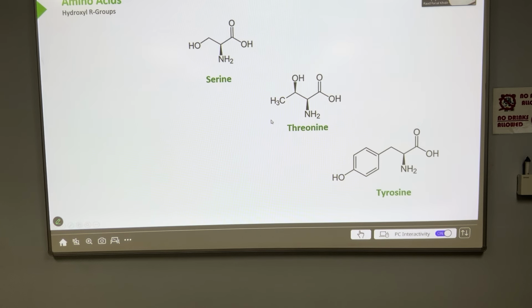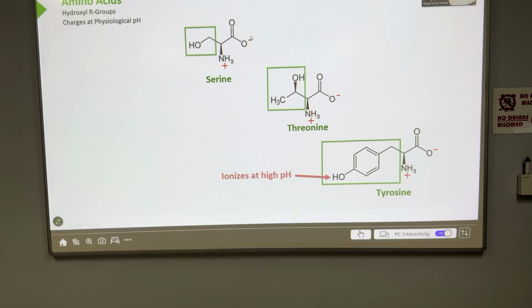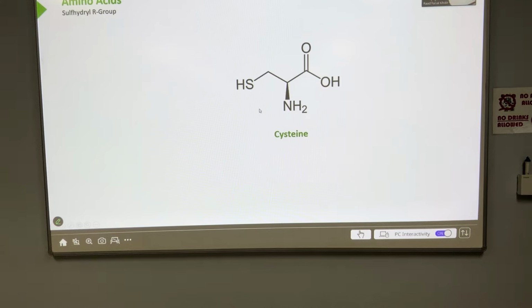Look at serine, threonine, and tyrosine. Carboxylic and amino are both going to cancel out, but serine has a hydroxyl group. Is hydroxyl charged? So that's neutral. Serine is neutral, threonine is neutral, and tyrosine is also neutral. Cysteine, something that is very special about cysteine, you need to know that.